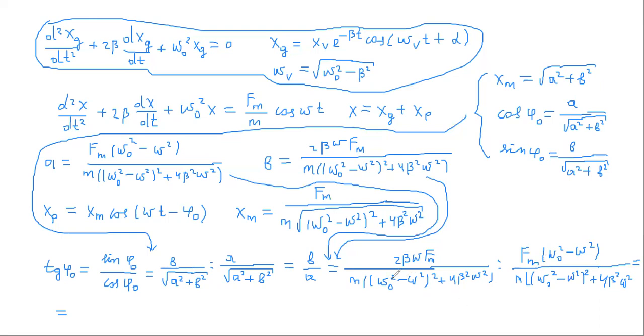Okay, and it can be written as 2 beta omega divided by omega 0 to the power of 2 minus omega to the power of 2. Okay, do you have any questions?